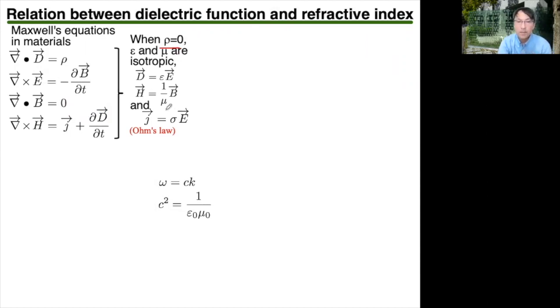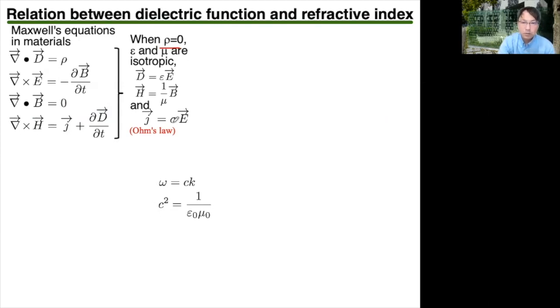These assumptions are valid when the material has no anisotropy, while epsilon and mu are expressed by tensors for anisotropic materials. Further, we assume that Ohm's law holds. The current is proportional to the applied electric field with the coefficient of conductivity sigma, meaning that the incident light intensity is weak enough not to change the nature of the materials.